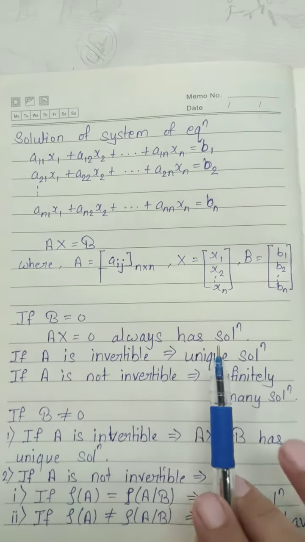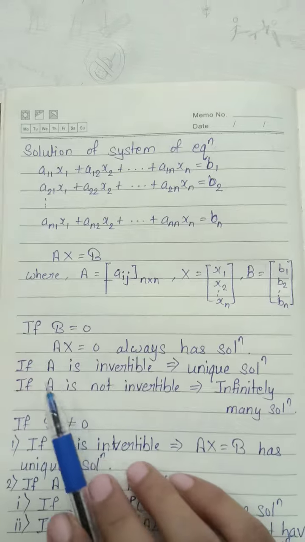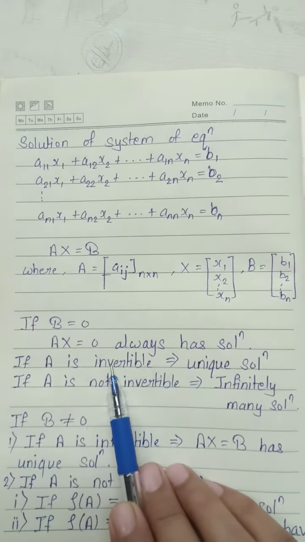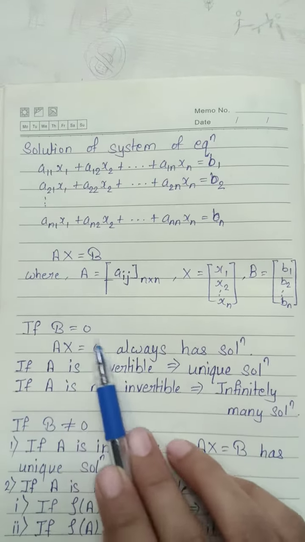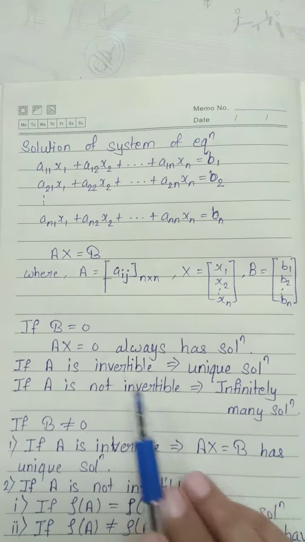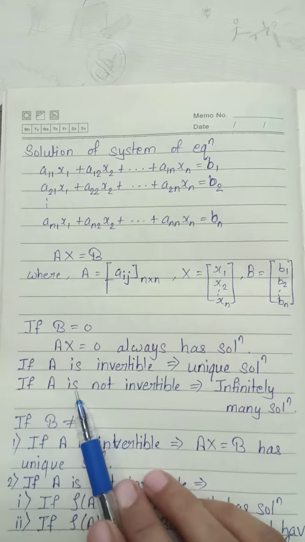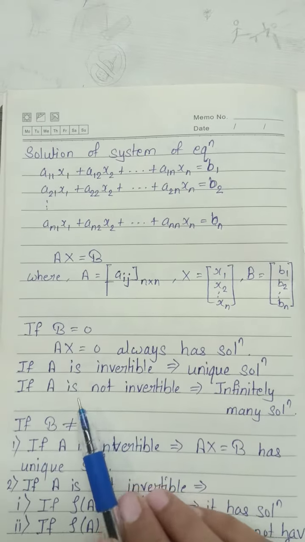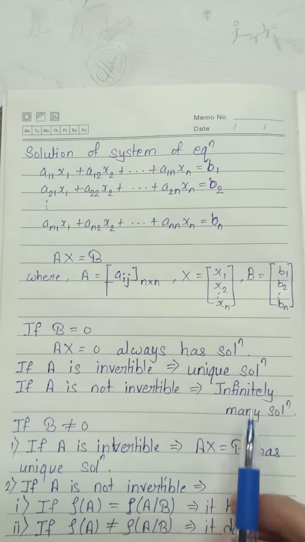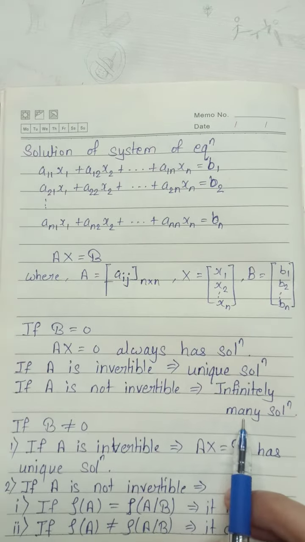The solution for this system always exists. So if A is invertible, this system of equations has a unique solution. And if A is not invertible, the system has infinitely many solutions.